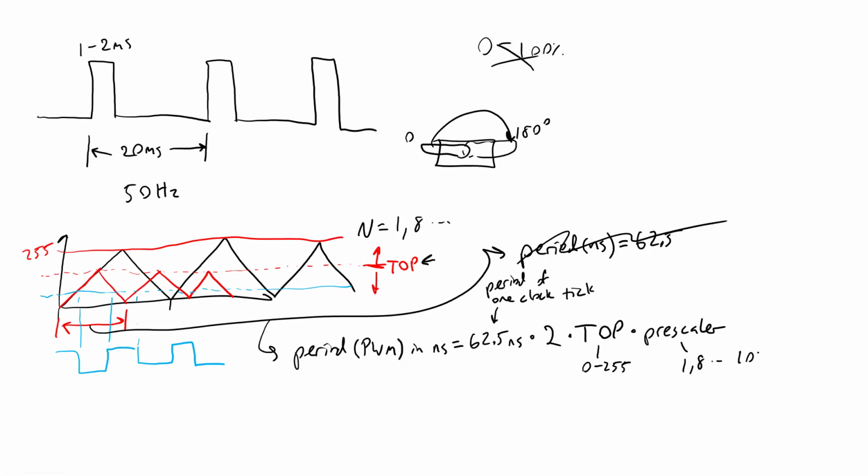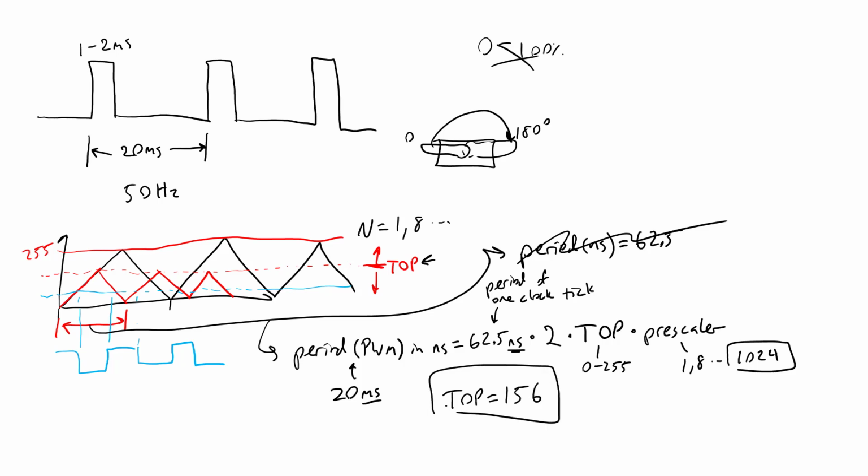If I choose a prescaler of 1024 and then solve this equation for top, because I know the desired period of 20 milliseconds, being careful about my units because this is nanoseconds over here, I'm not going to write out all of the math, but it turns out that I get a top value of about 156. So rather than counting up all the way to 255, I'm going to count up to 156, and with a prescaler of 1024, that gives me the period that I need for servo control, where I can now, again, adjust my output compare value to control the angle of the servo.